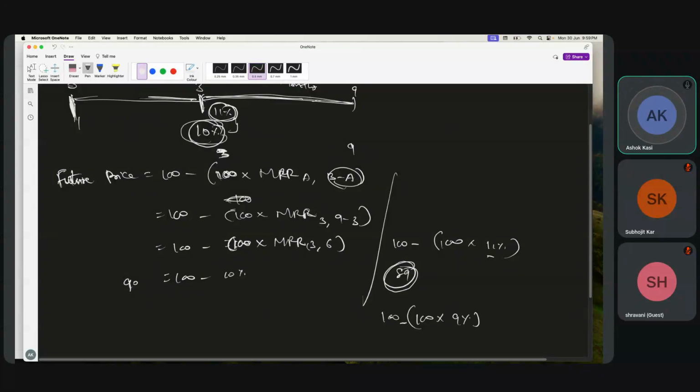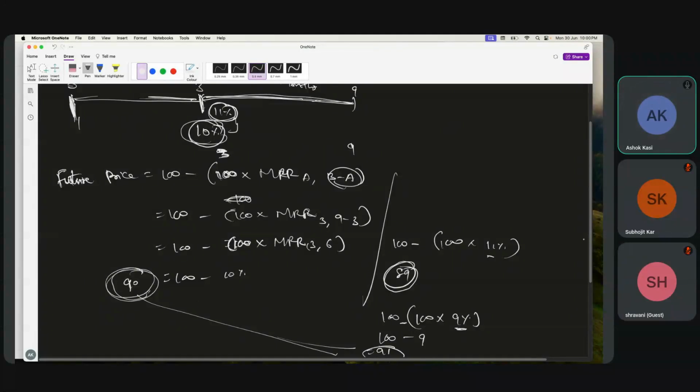So from 10, it goes to 9. So 9 percentage is 9. It will become 91. That means you are buying the future price at 90. You predicted that the interest will go down. Interest went down to 9 percentage, and it becomes 91. So you are making 1 rupee profit over here.